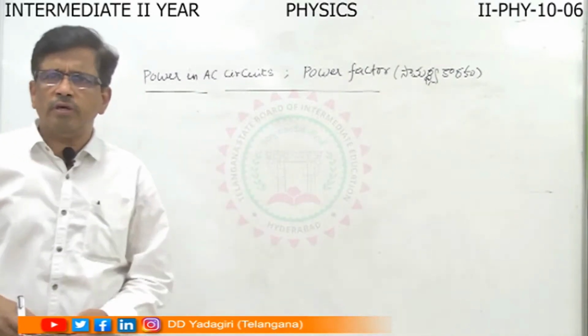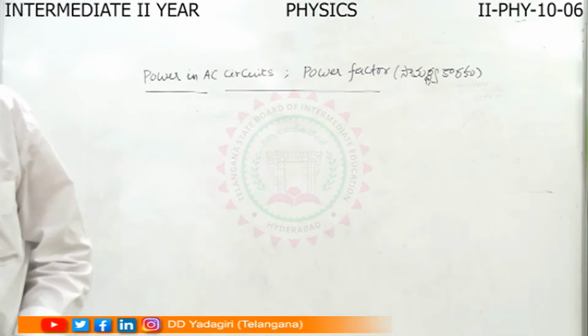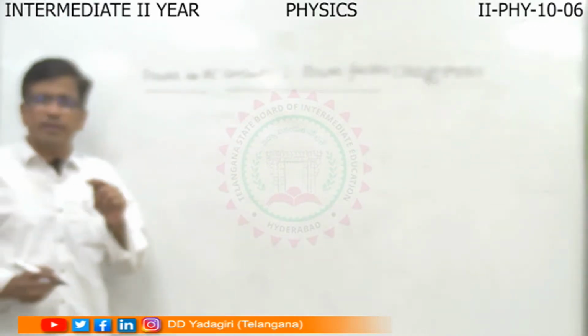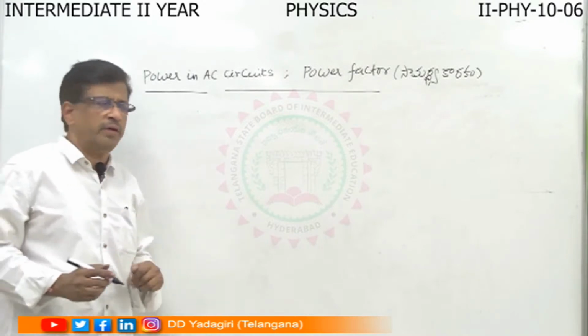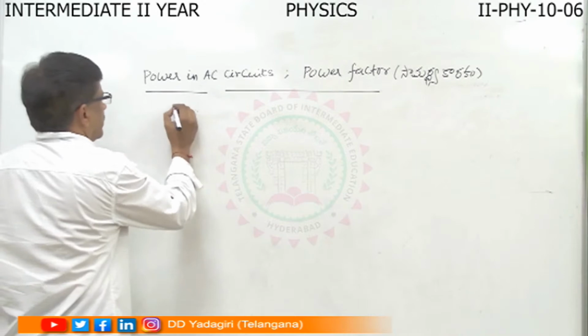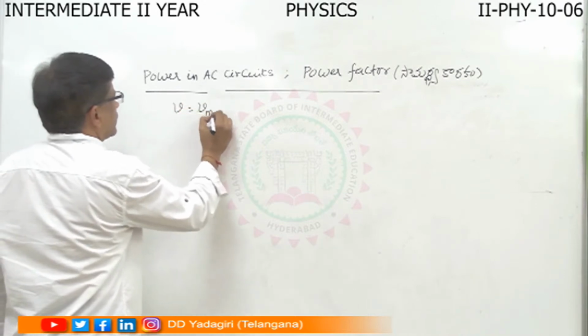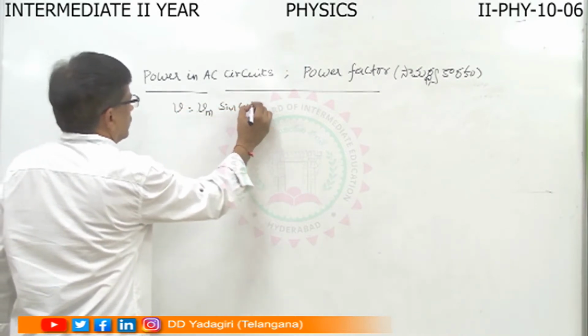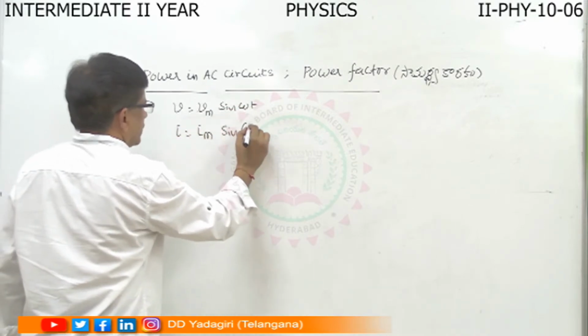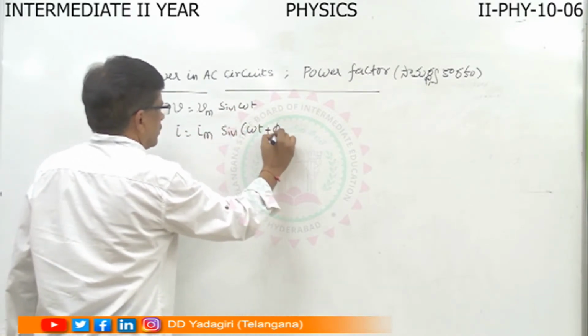Let us derive the equation for the power factor. In the LCR circuit, we just derived the equations for current and voltage. V is equal to Vm sin omega t is the voltage equation. I is equal to Im sin (omega t plus phi) is the current equation.